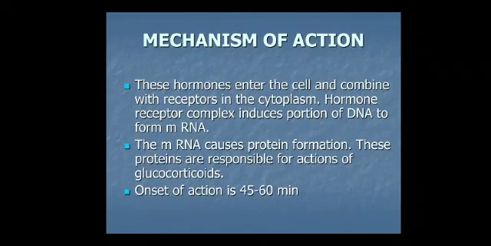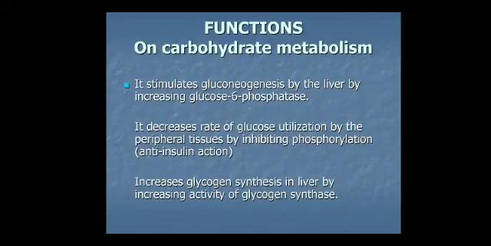From this DNA it produces mRNA, and then the mRNA produces the proteins. These proteins act as enzymes, and these proteins are responsible for the action of the hormone. So this is how a steroid hormone acts. The onset of action is usually the same as that of aldosterone, 40 to 45 minutes. Next we'll go to the next slide.